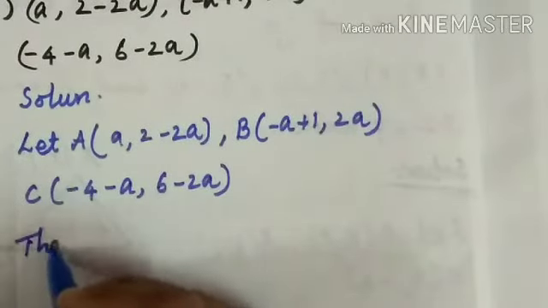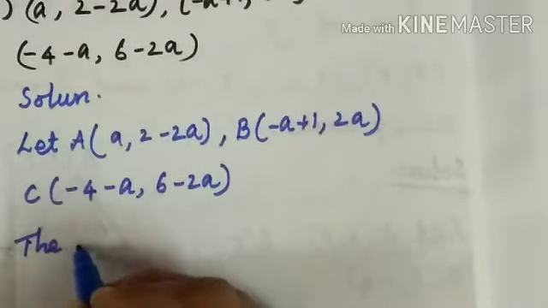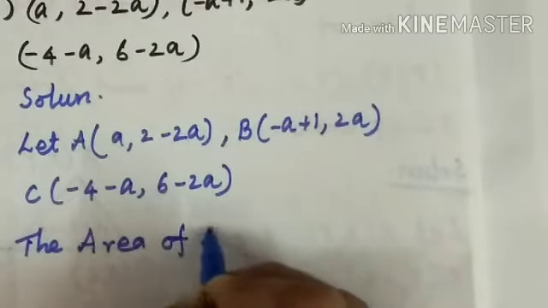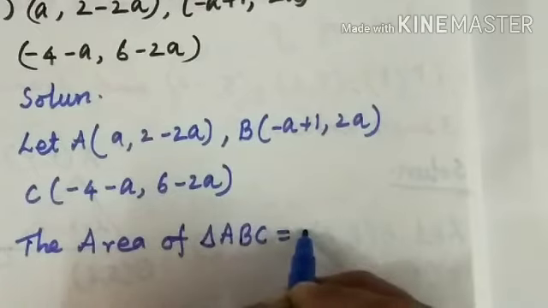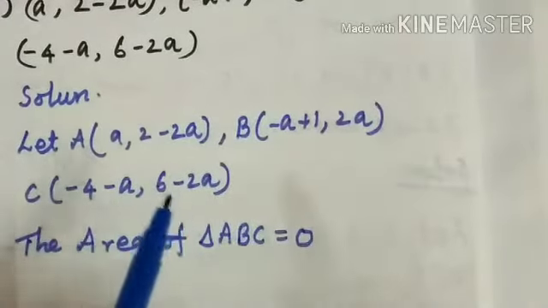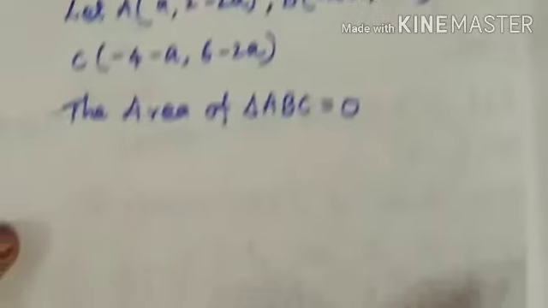The area of triangle ABC equals 0. Since the given points are collinear, therefore the area of triangle ABC equals 0.